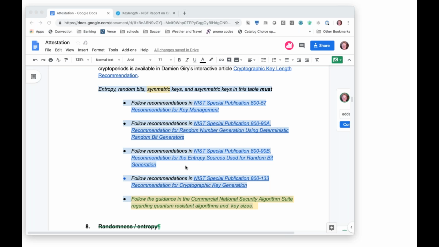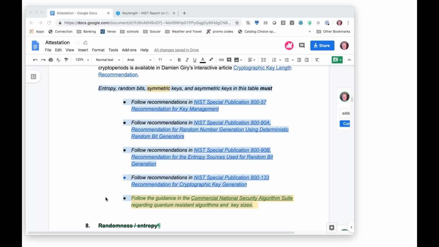Where do you get entropy to put into your random bit generation? This one is for how do you generate keys given randomness. What do you do for your key generation functions? Your KDF, yes. And then the third is what do we worry about in the future for when quantum computing is around? What do we have to do now to prepare for that?